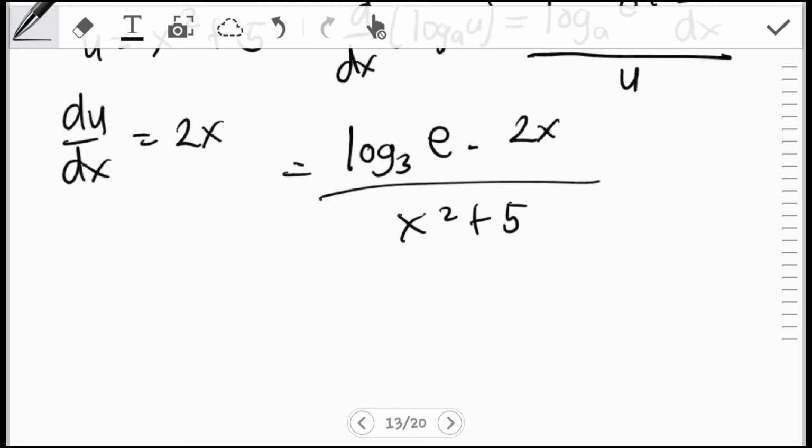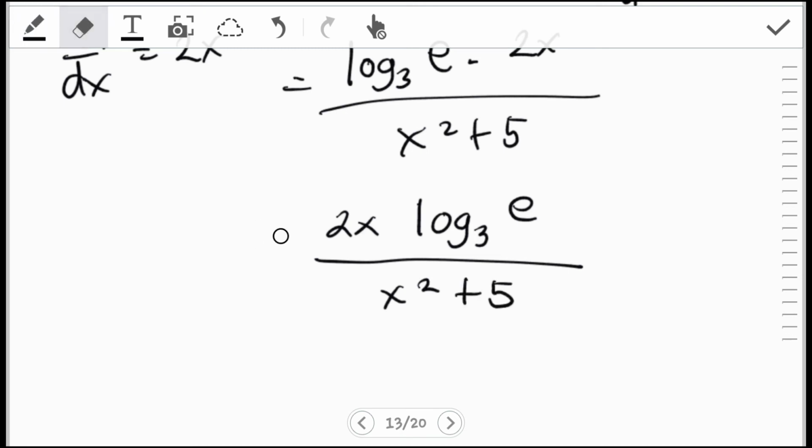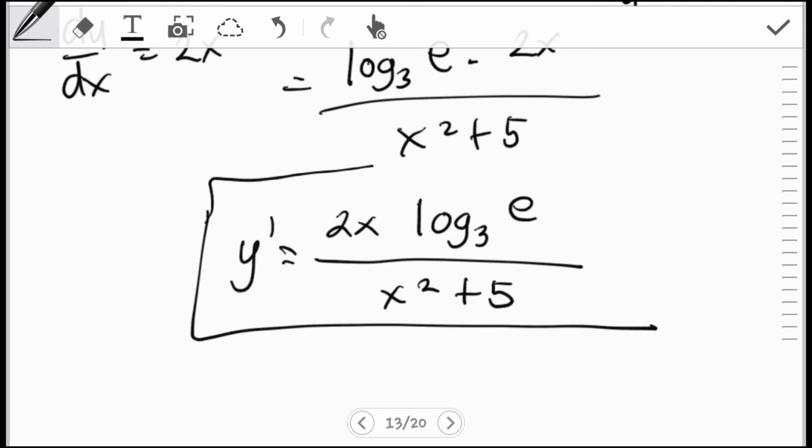Or 2x log of e to the base 3 over x squared plus 5. Okay. So that is the final answer.